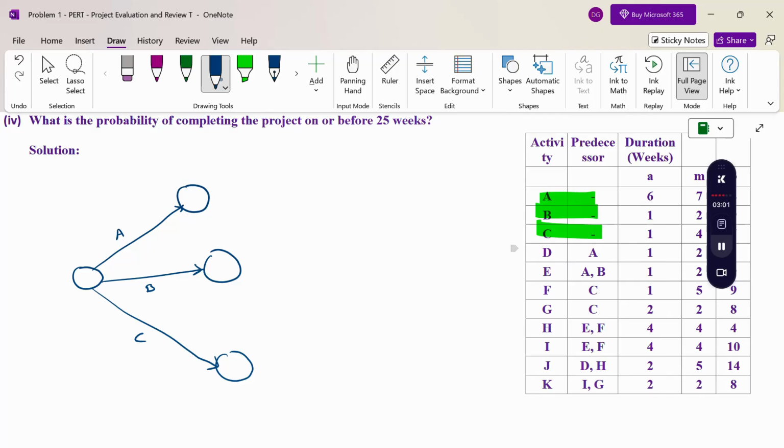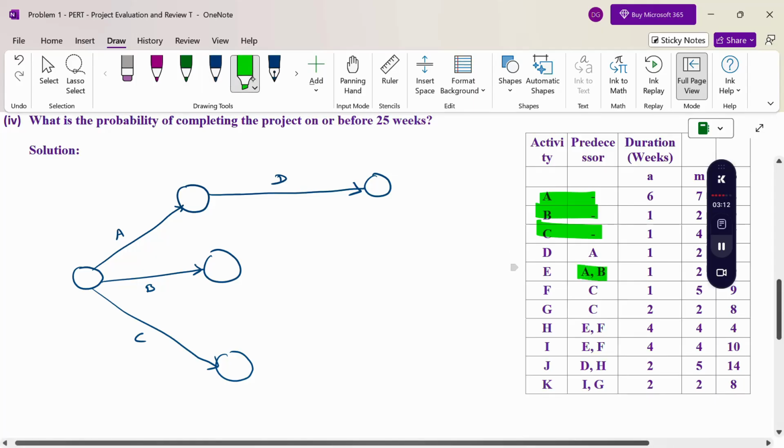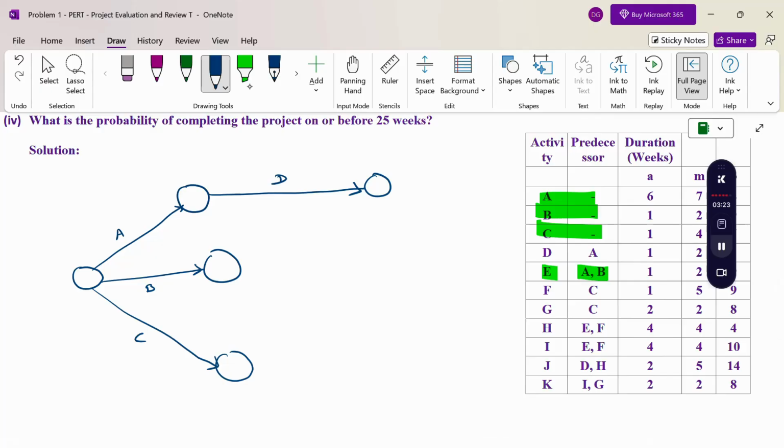Next, A precedes D. Then A and B precede E. But the problem is that A and B both start initially. So from A and B the new work will start, meaning from node 0 there is a single line.